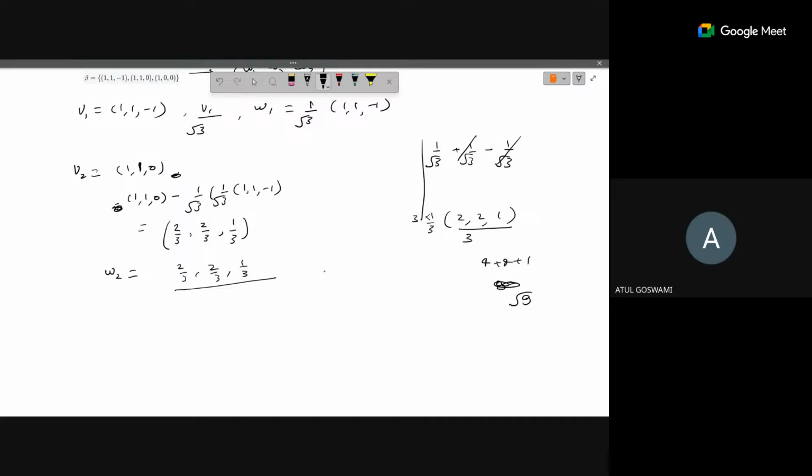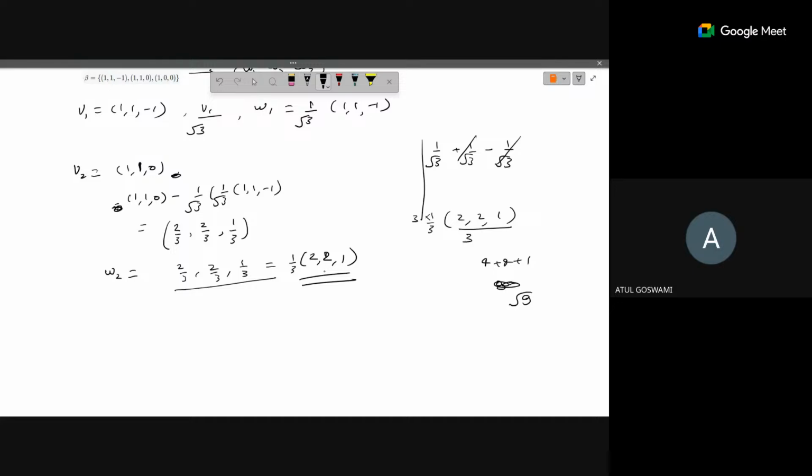So basically this vector is already a unit vector, right? Can you see this? The norm of this vector is already 1, so this vector is simply 1 by 3 times (2, 2, 1). So we get w2 and w1.